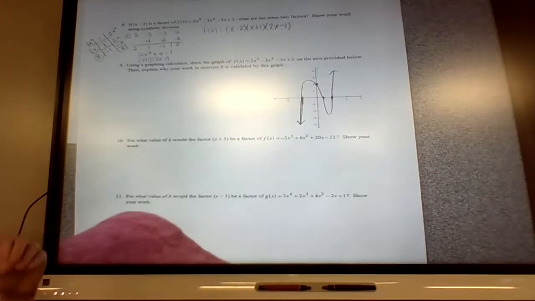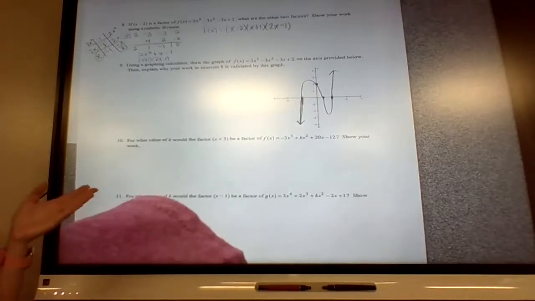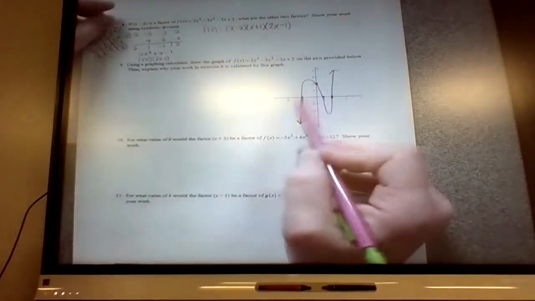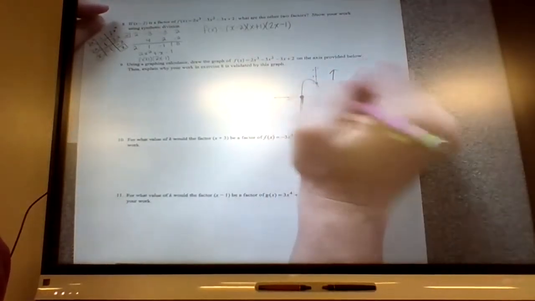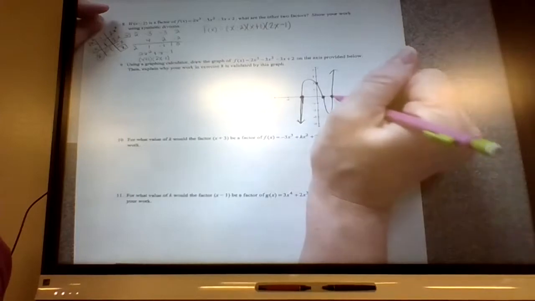All right, and then it says, explain why your work in exercise 8 is validated by this graph. Well, because I have a 0 at -1, at a positive 1/2, and at a positive 1, I have factors.